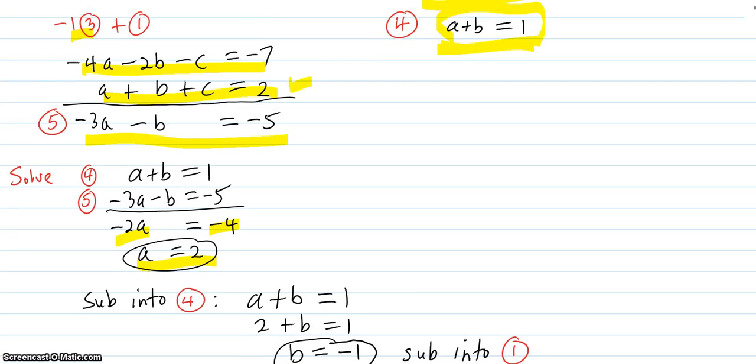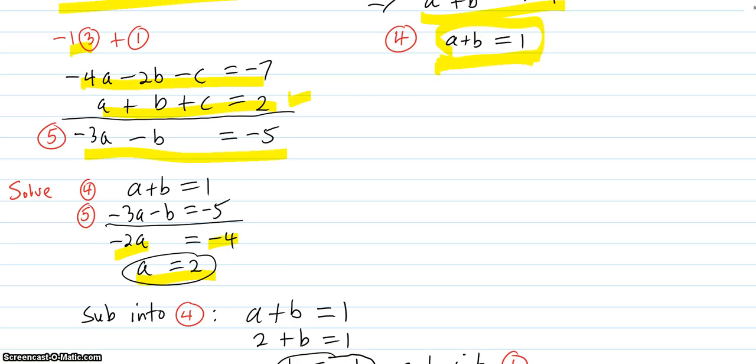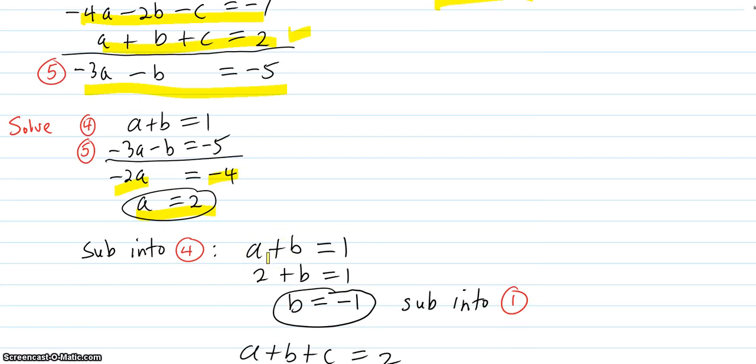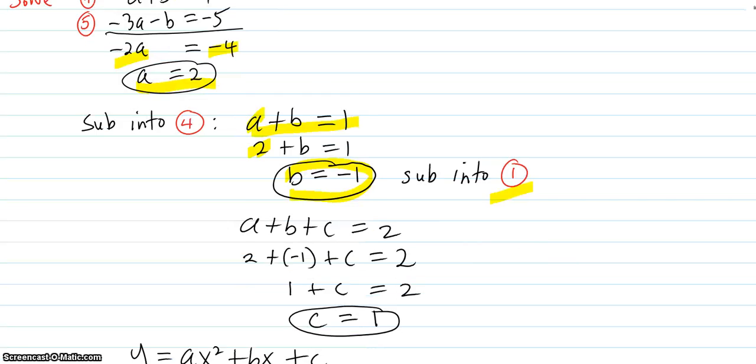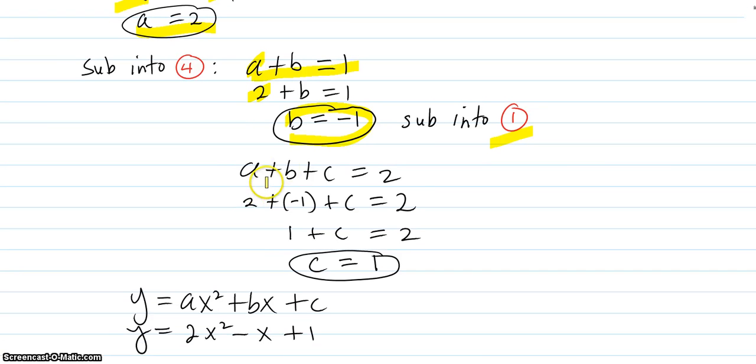Now you're on your way. You have the number 4 equation sitting on the page. That's a plus b equals 1. Put in the a equals 2 right there for the a. So 2 plus b equals 1. Subtract 2 from both sides, you get b equals negative 1. Now you sub into any equation. Number 1 looks pretty simple. Number 1 equation is a plus b plus c equals 2.